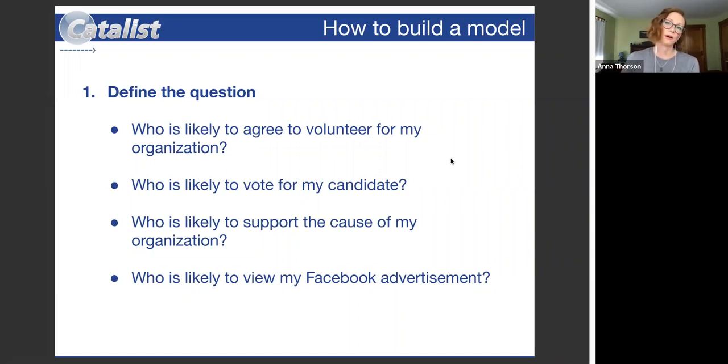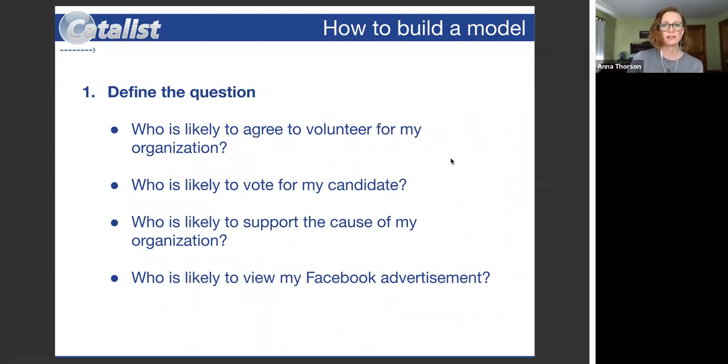The one thing that I want us all to notice about these questions is that they begin with the phrase, who is likely? This is an individual level predictive model. Likely, predictive, individual level, who?